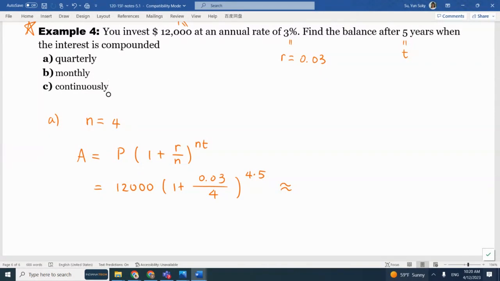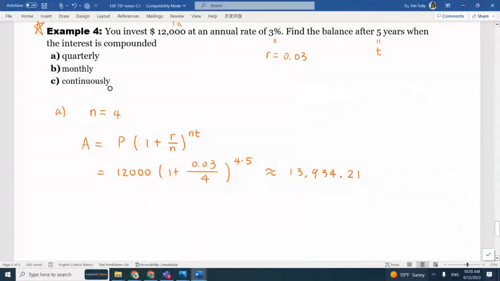So tell me, what do you get? 13,934.21. Give me 2 decimal places. Okay, so 2 decimal places. Do you have the same answer?